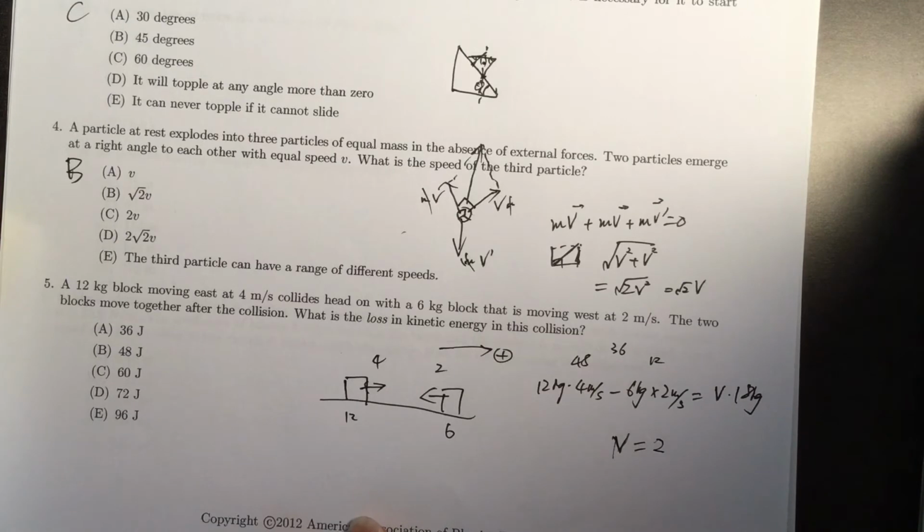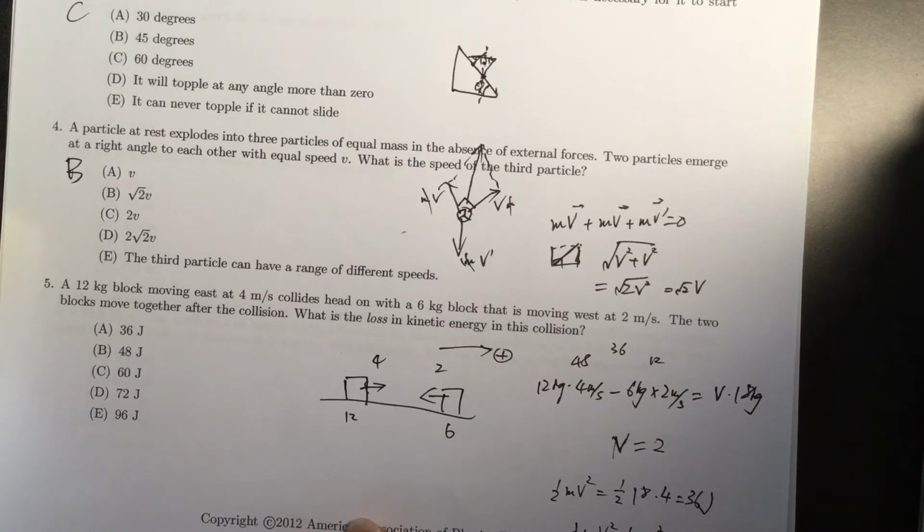So what is the kinetic energy of the system? 1/2 mv squared: 1/2 times 18 times 2 squared, which is 4, so we have 36 joules. And what is the kinetic energy before the collision? 1/2 m1 v1 squared plus 1/2 m2 v2 squared.